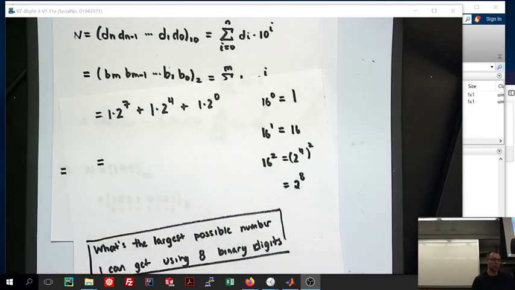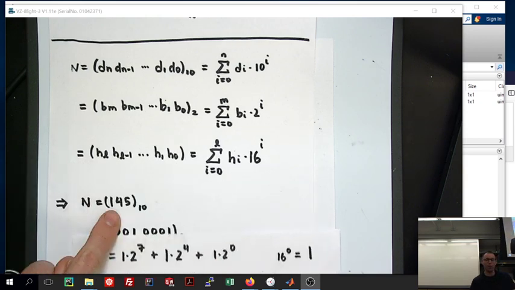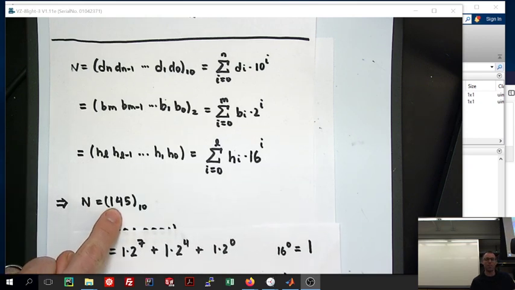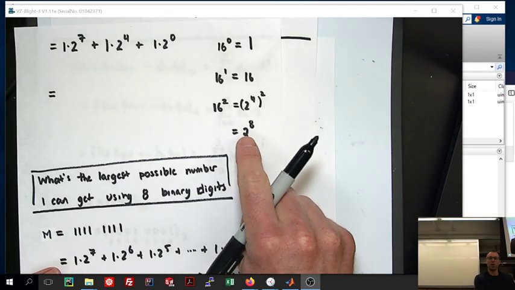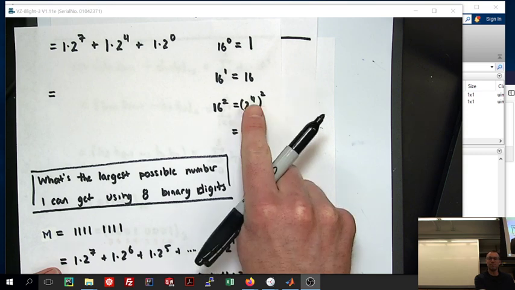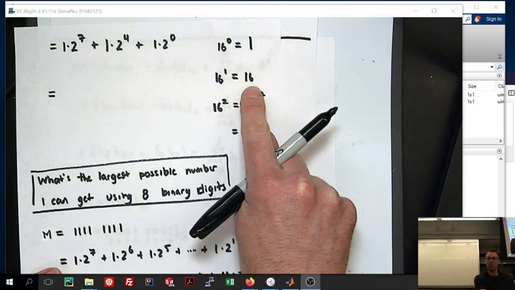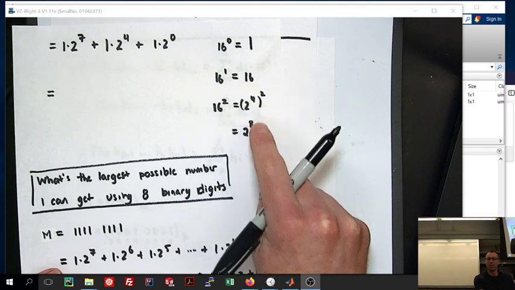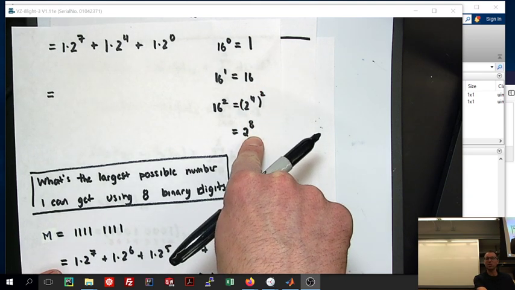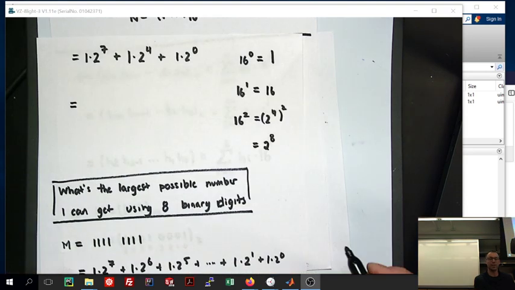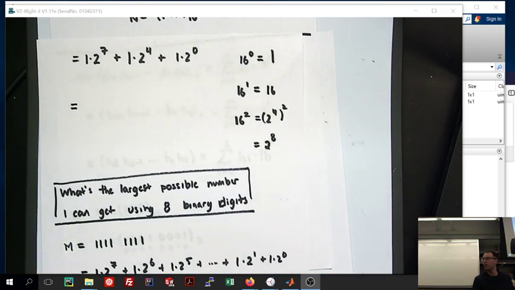When we get back to this problem, the problem here was to take the number 145 and represent it as a hexadecimal number, right? The largest hexadecimal number with 2 bits, what's the largest hexadecimal number with 2 bits? FF, right?